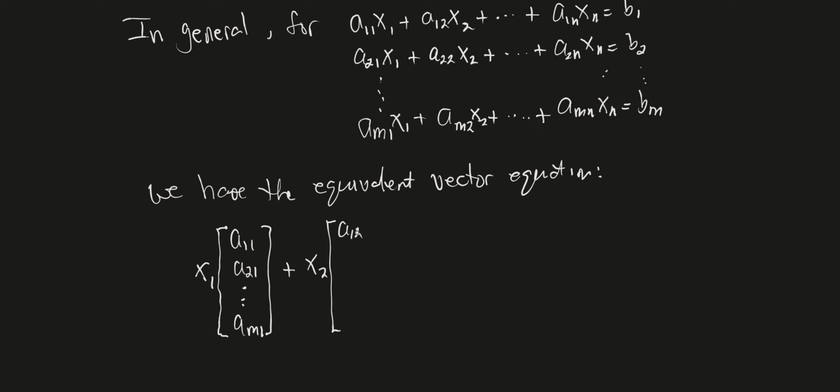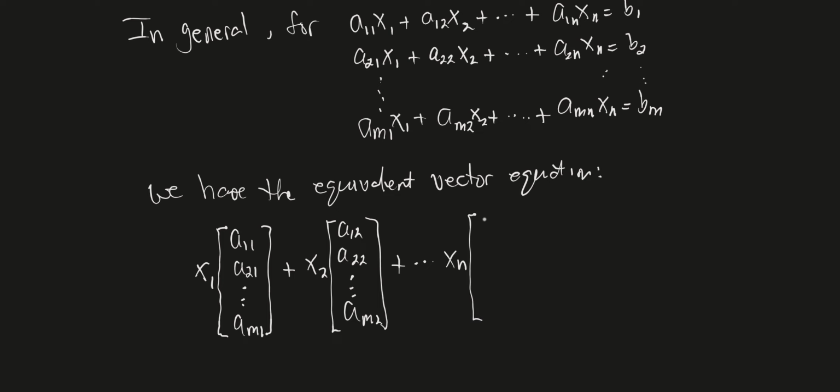So a12, a22, dot dot dot, am2. And we continue this until we get to the last column with their variables. So in the last column, we'll have an xn in common. Factor that out.